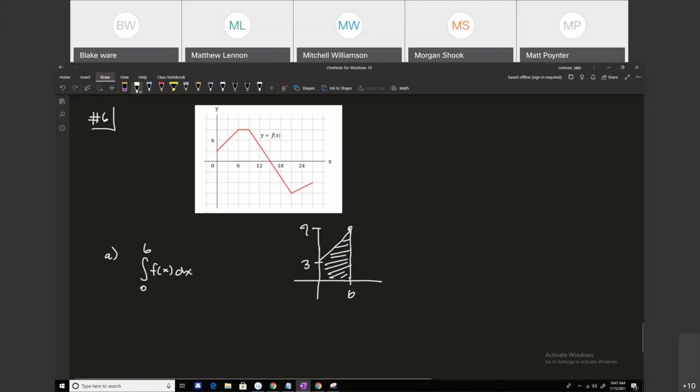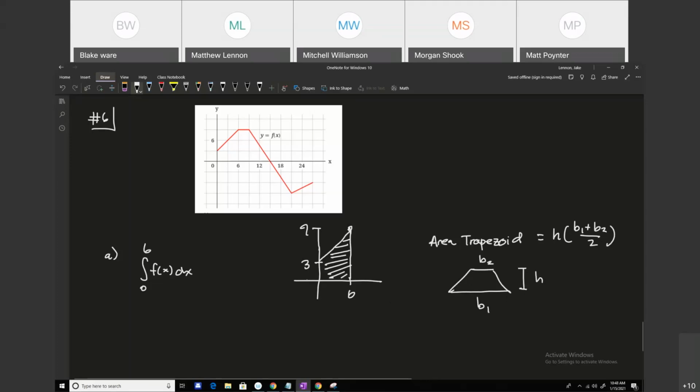It's just that area. So the area of a trapezoid, I don't know how your geometry is, but it's essentially height times b1 plus b2 over 2. A trapezoid typically looks something like this: you have base 1, base 2, and then some height.